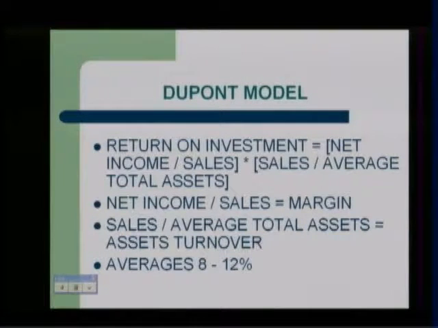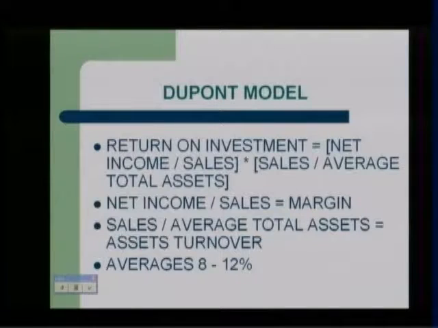Well, if you think back to your basic algebra, if you have a number on the top and a number on the bottom that are the same number when you're multiplying two factors together, you can eliminate it. So you can see that to solve it down to one formula, we would simply take net income and divide it by average total assets. But what we do here, if you look at that formula, is split it up.